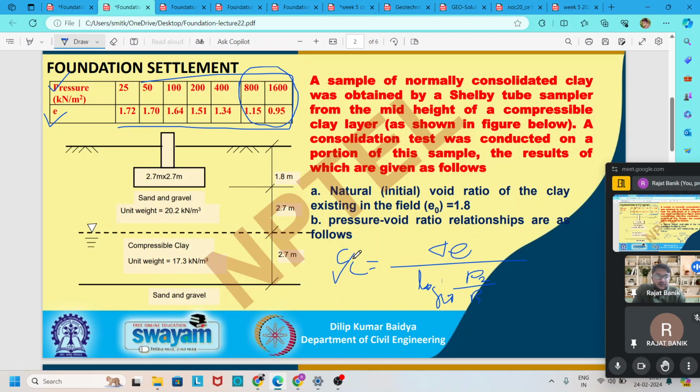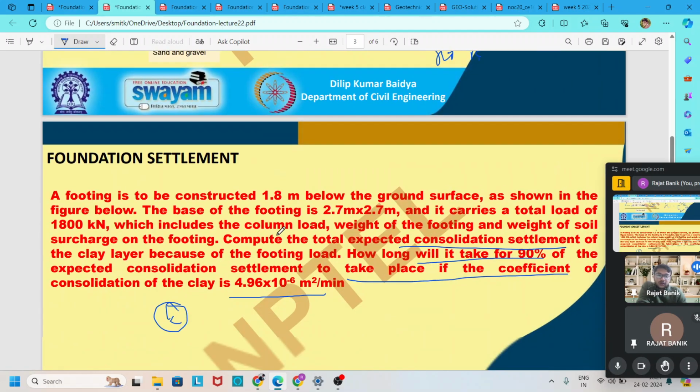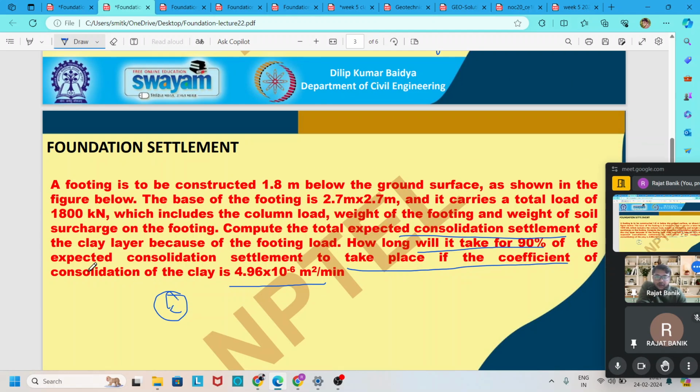After finding the Cc, again you have to find the effective stress at the middle of this clay layer and also find the increased pressure due to this foundation at the middle of this clay layer based on the 2:1 load dispersion method. After that, we can easily get the consolidation settlement by using this formula.